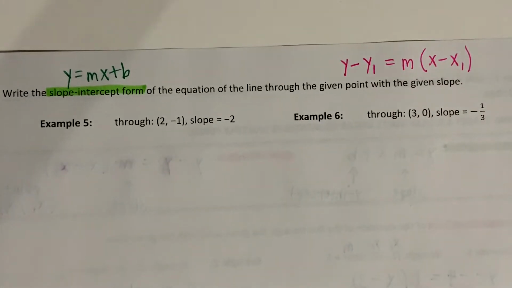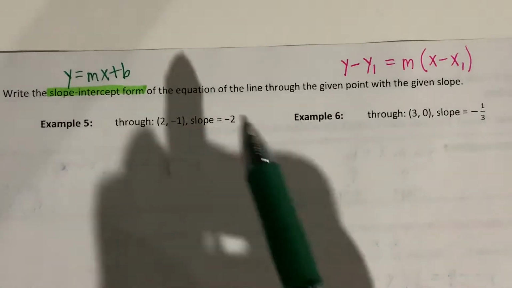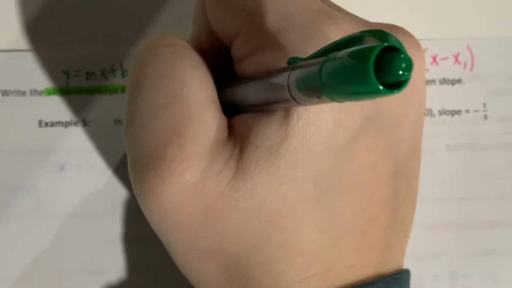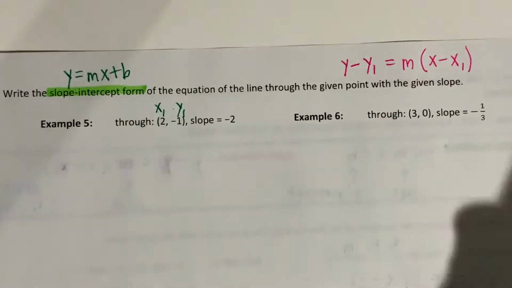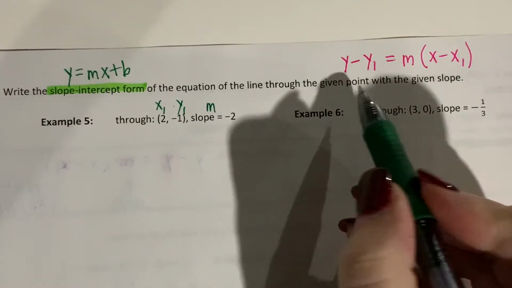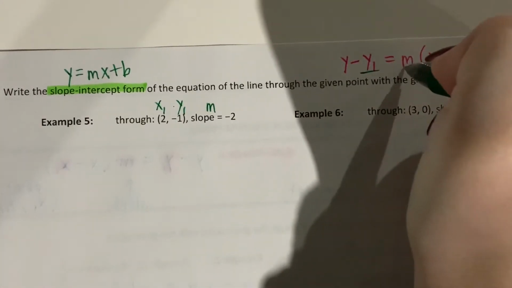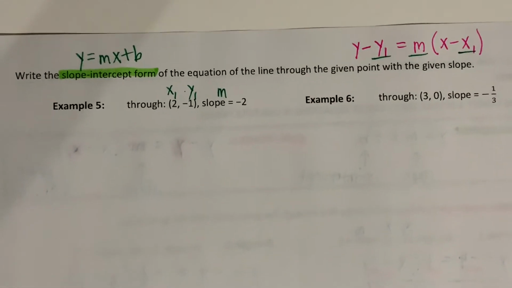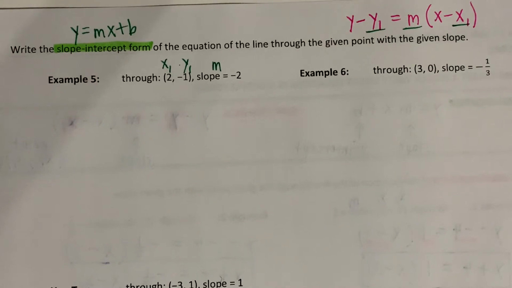We're actually going to start example 5 off that same exact way. In example 5, we're given a point and we're given a slope. So again, we have an x sub 1, y sub 1, and we also have our slope, which is our m. So we have our three unknowns to plug in. We've got y sub 1, our slope, and our x sub 1. So I can plug those in to my point slope form.